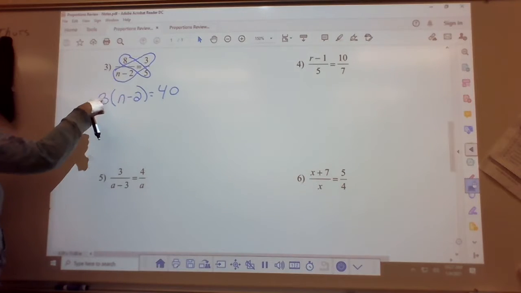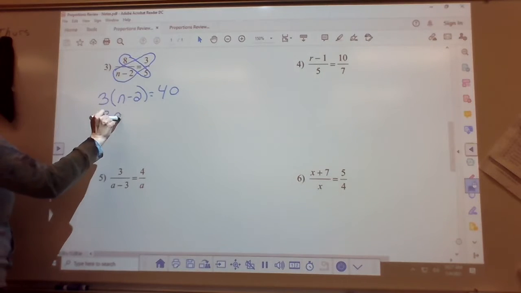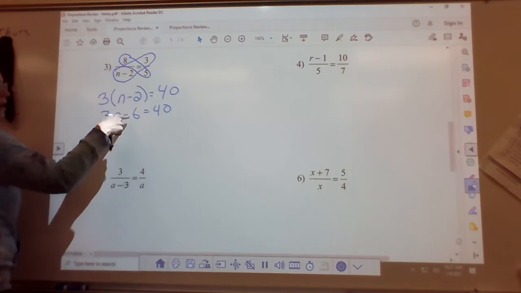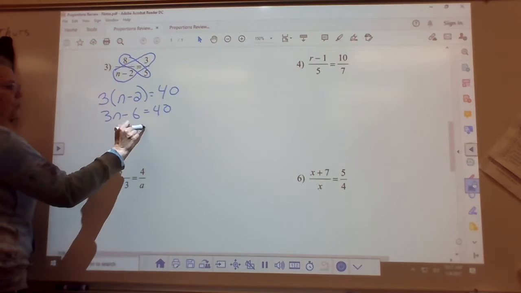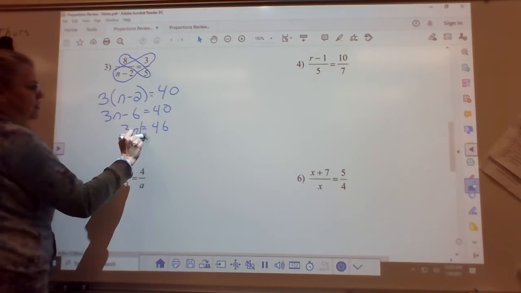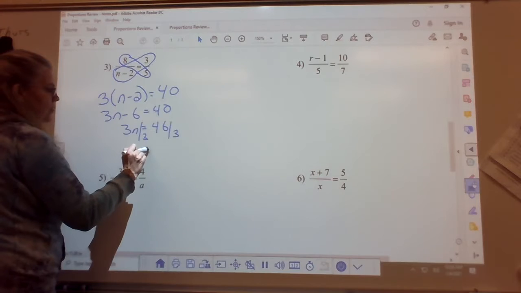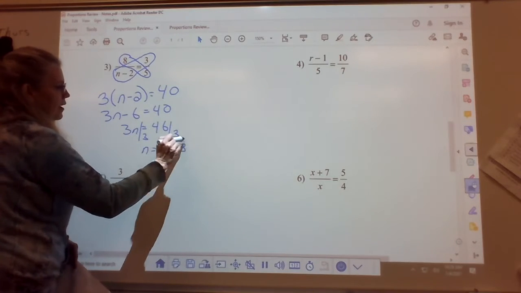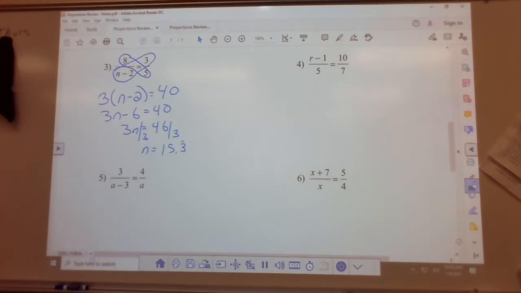So distribute the 3. 3n, 3 times 2 is 6, equals 40. Add the 6. 3n equals 46. Now I can divide by 3 like I always did. So n equals 15.3. And again, you can put the bar over, but you don't have to. Just round to the nearest tenth.